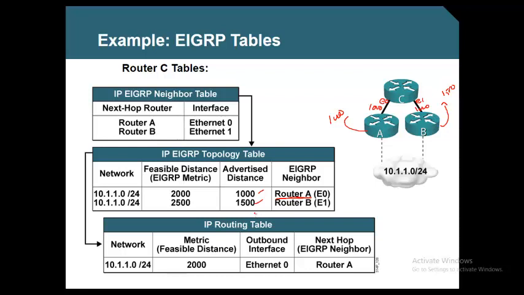Since the feasible distance 2000 is less than 2500, router C will elect the lowest FD path, which is 2000 through router A to reach the destination 10.1.1.0 via Ethernet 0. So it will be installed as the successor.